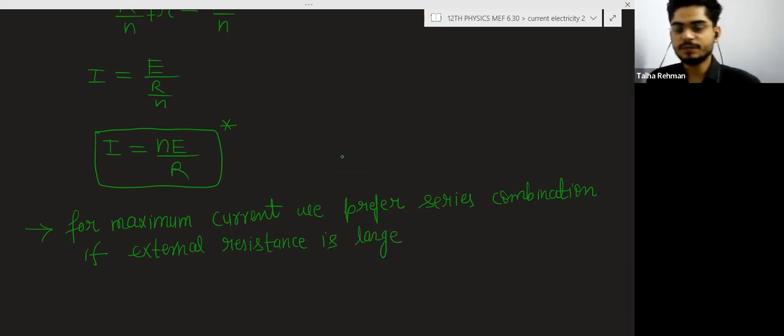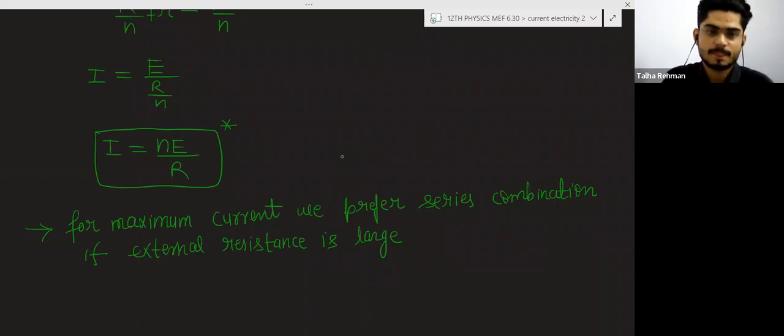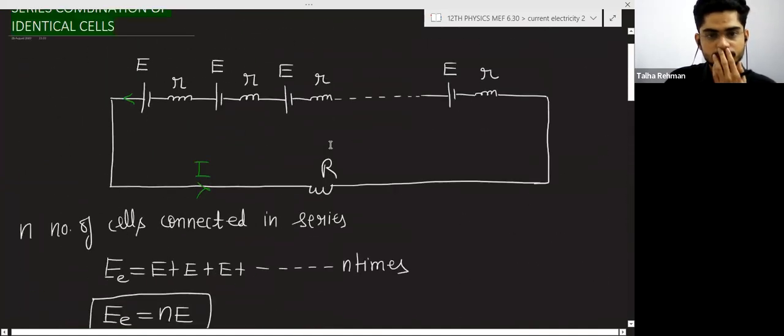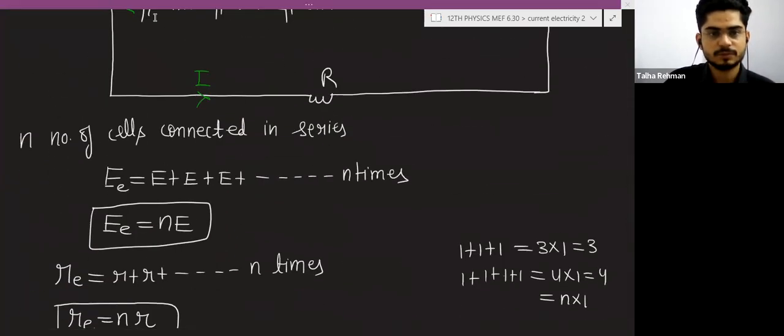So in the circuit, if you want the maximum current and if your external resistance is large, you should prefer the series combination of identical cells. So just copy this.